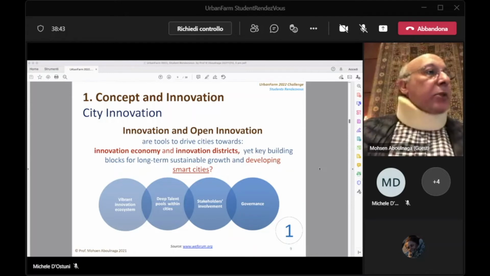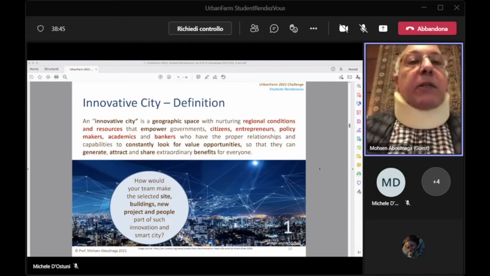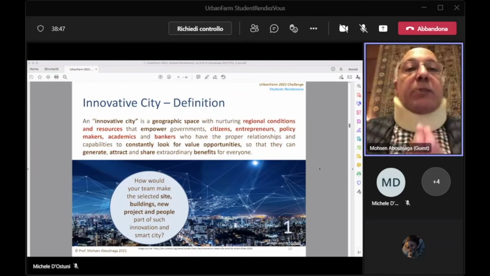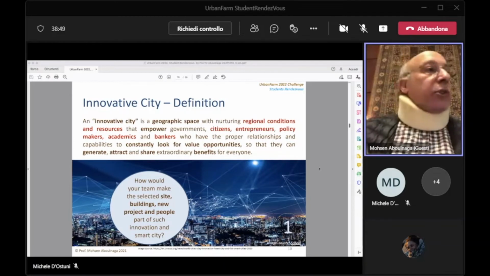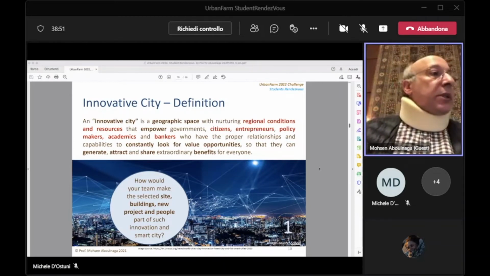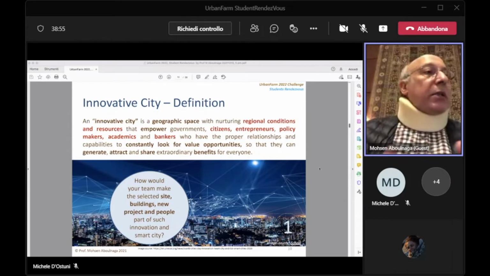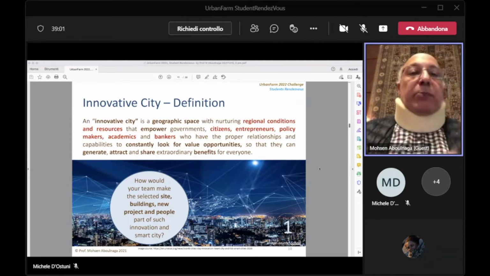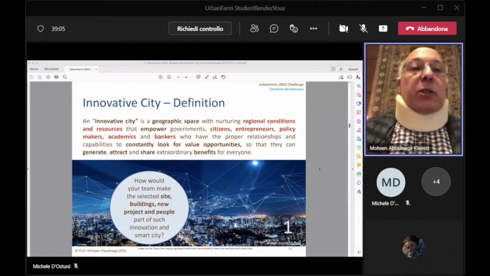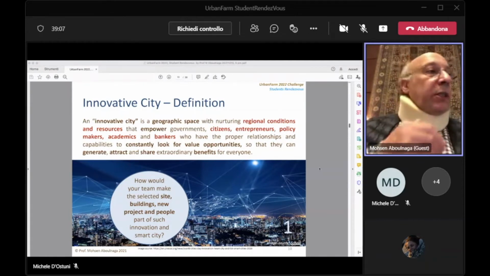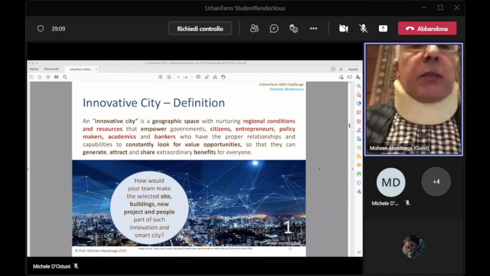Next. So open innovation basically is an innovation city, a geographical space with nurturing regional conditions and resources that empower governments, citizens, entrepreneurs, policymakers, academicians, and bankers. Because at a certain part of your project, you need to look at how we are going to finance this project with a limited budget, how you are going to do a feasibility study, and you need to understand banking as well.